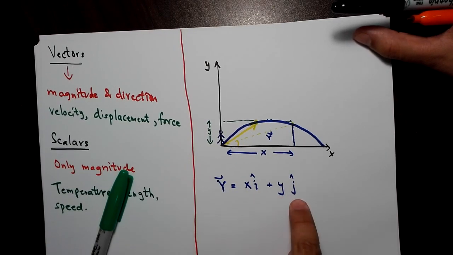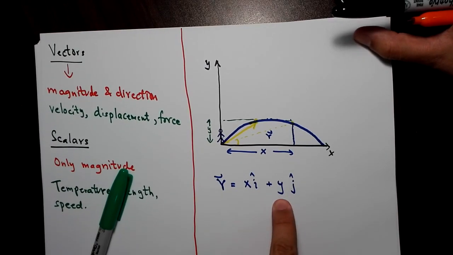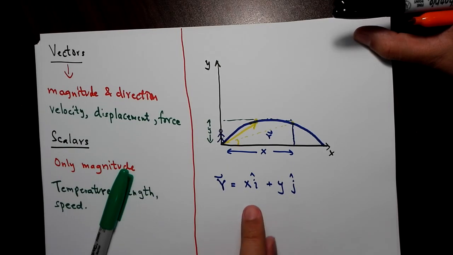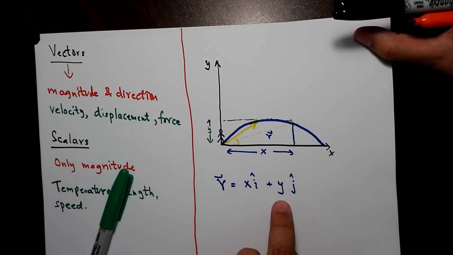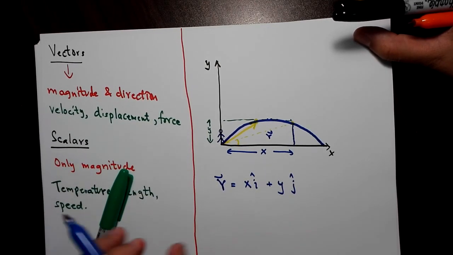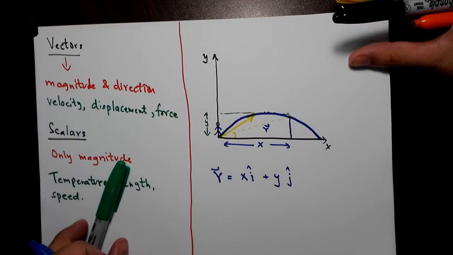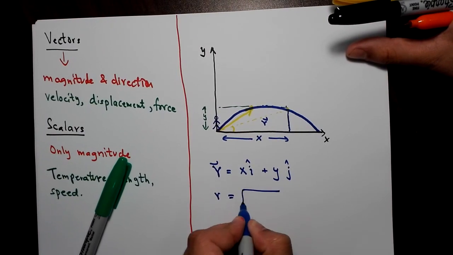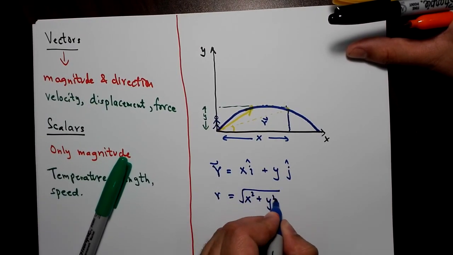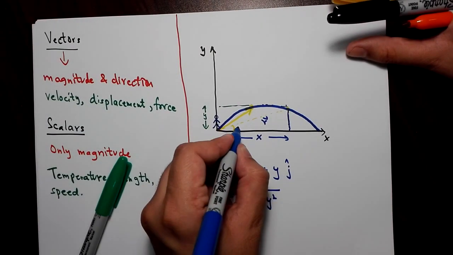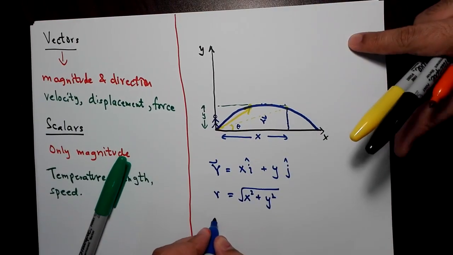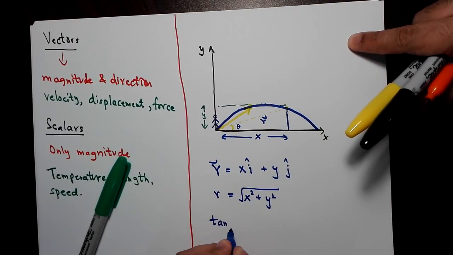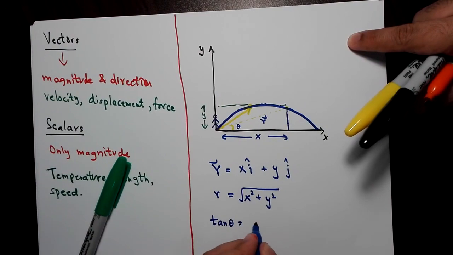These are like independent directions, and you can study these two independently and bring them together by using this equation. The length of the position vector will be the square root of x squared plus y squared, and the angle, if you want to call this theta, will be given by tan theta equals y divided by x.